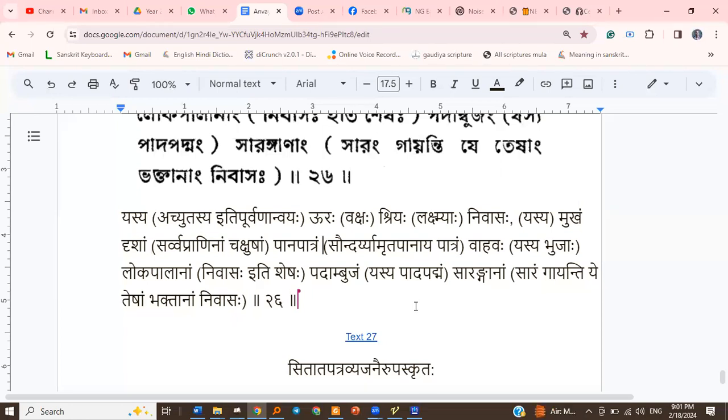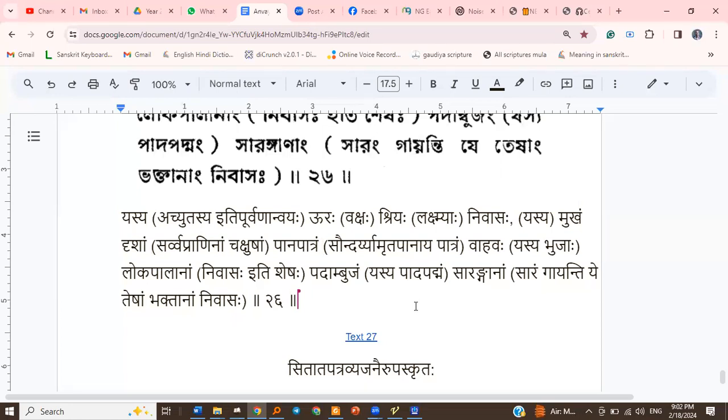It's a vessel for all the living entities' eyes to drink the nectar-like beauty of the Lord. So the Lord's face is compared with a patra from which the eyes get satiated by drinking the saundarya amrita, the nectar of the beauty of the Lord's face.